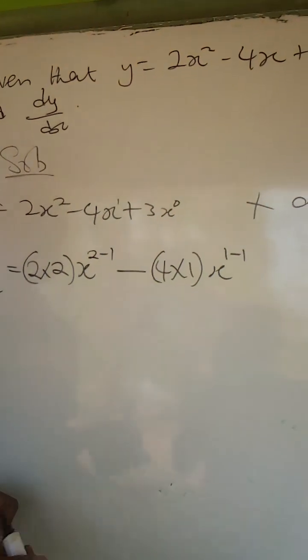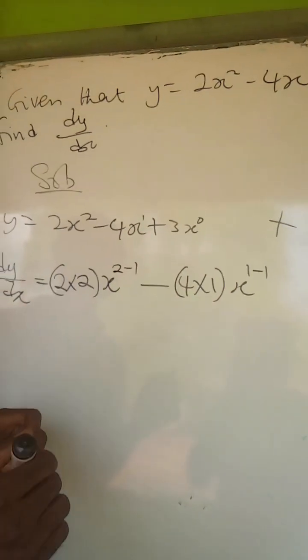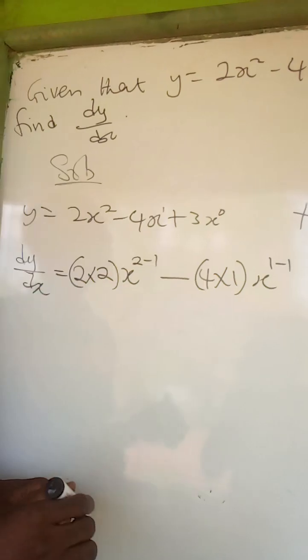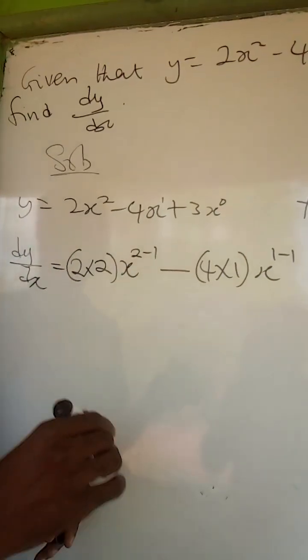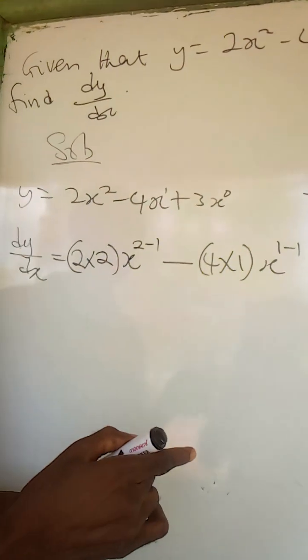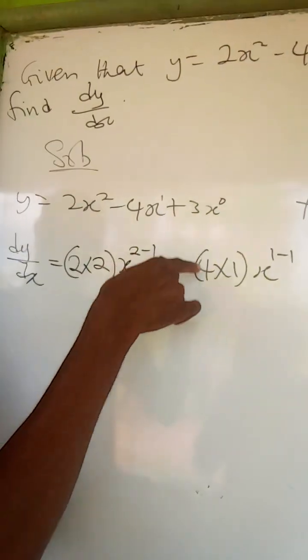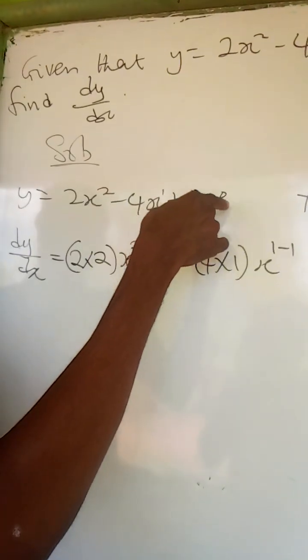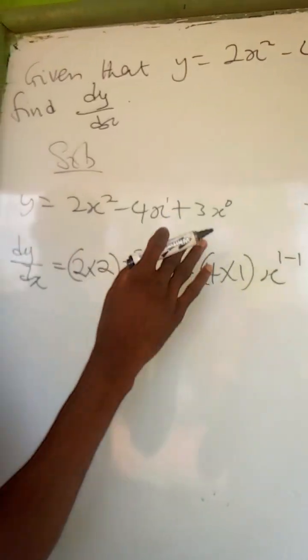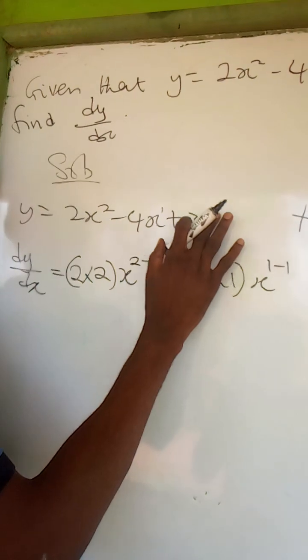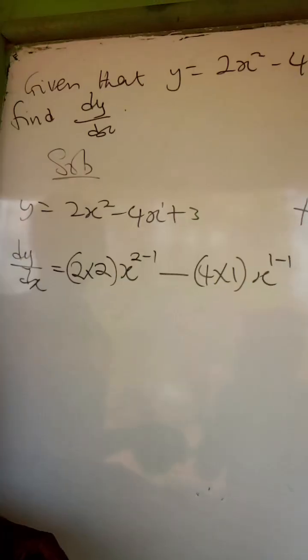But in indices, it is a rule that any number except 0 raised to the power 0 is equal to 1. So in this case, our x raised to the power 0 is the same as 1. And 1 times 3 is 3. That is why it is written as 3 here.